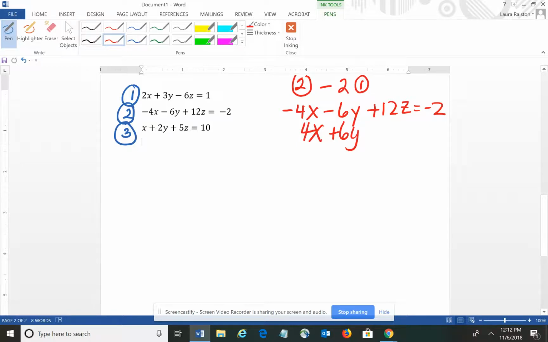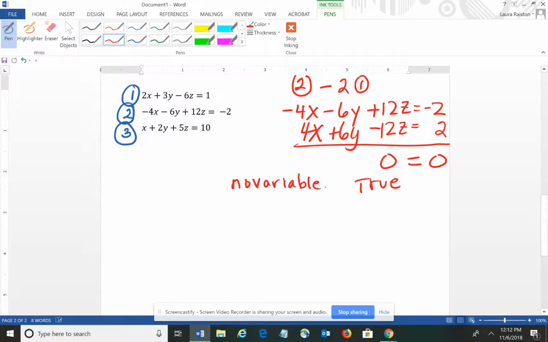And 2 times negative 6 is negative 12z. And that equals 2. Okay, this looks interesting. Negative 4x plus 4x is 0. Negative 6 plus 6 is 0. 12 minus 12 is 0. So I end up with 0 equals 0, which is a true statement, but there's no variable, which seems to imply that those two together at least would have any ordered pair that makes it true.